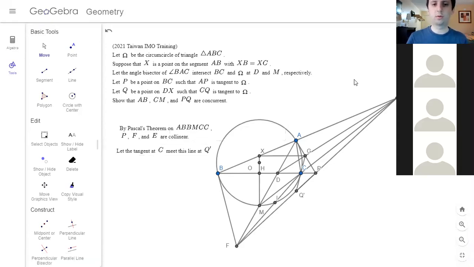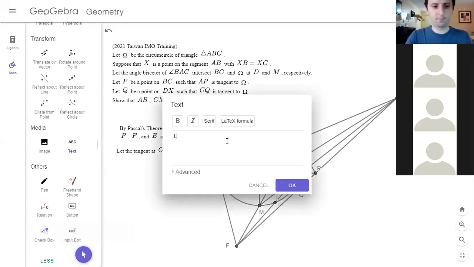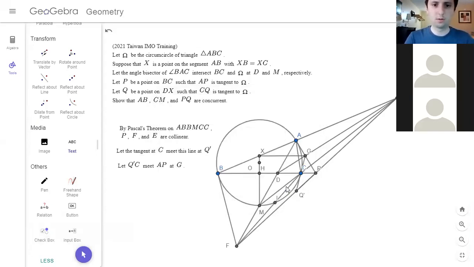So let Q prime C meet AP at G, and then I think you use Pascal's again, right? Somehow you use Pascal's to show D, G, and E are collinear, right?